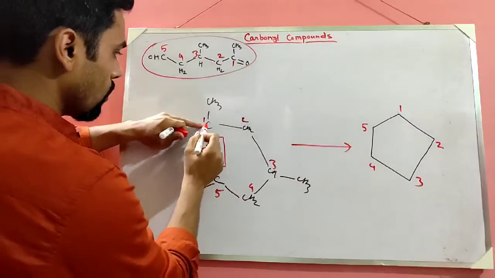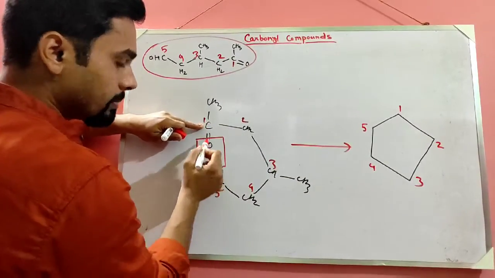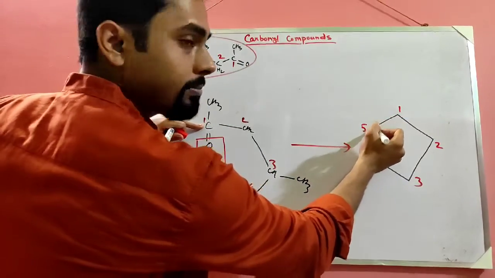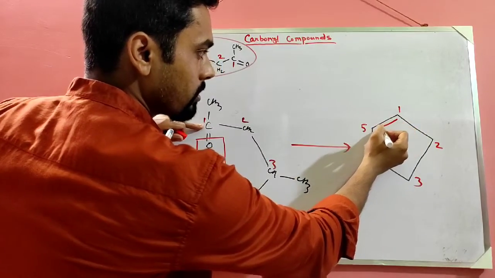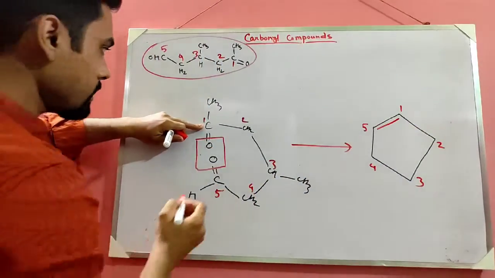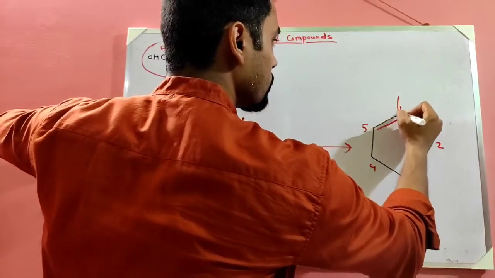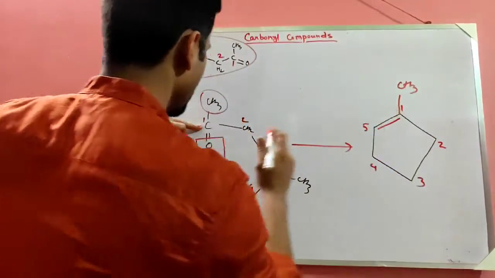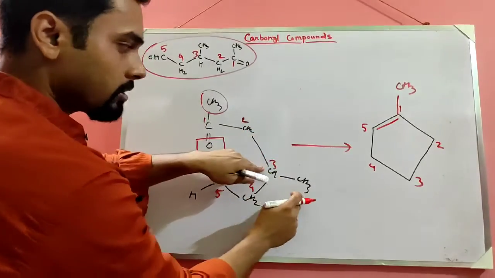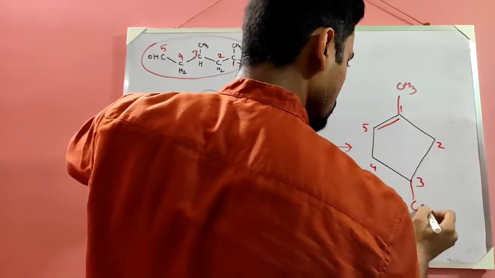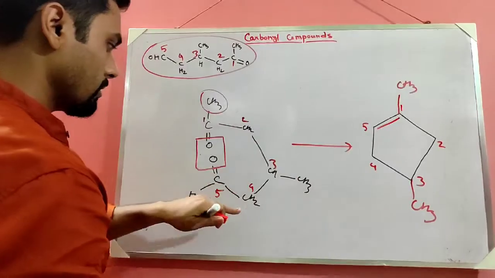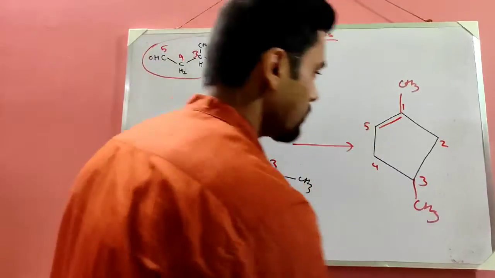So the 1 and 5 positions are joined with a double bond. At position 1 a methyl group is present, so here we will put a methyl group. At position 3 also a methyl group is present. Okay, 4 and 5 are joined.